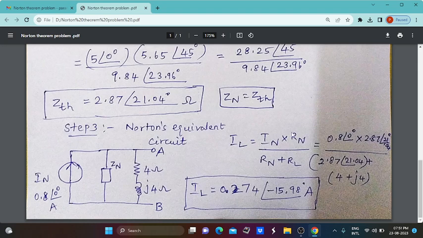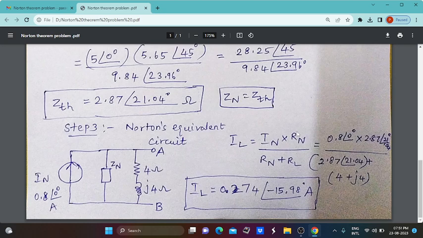So for this we have the formula: Norton current into Norton resistance divided by Norton resistance plus load resistance. So the same concept, instead of RN, if you consider a DC circuit, you have to put RN, RL. So in this case, we have to consider ZN and ZL.